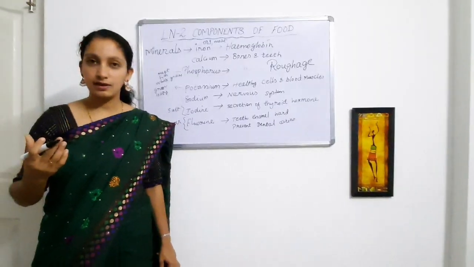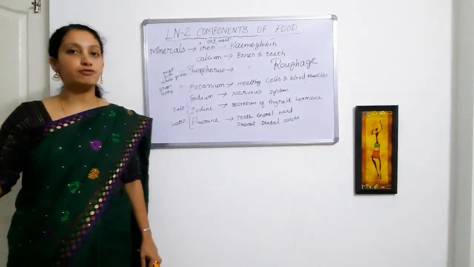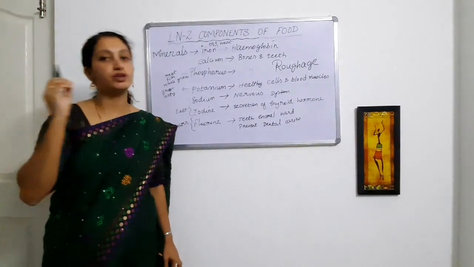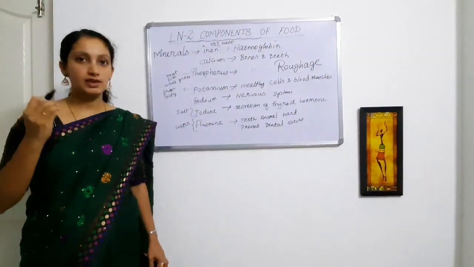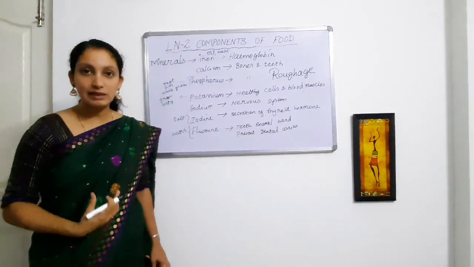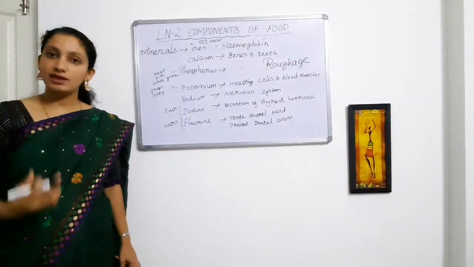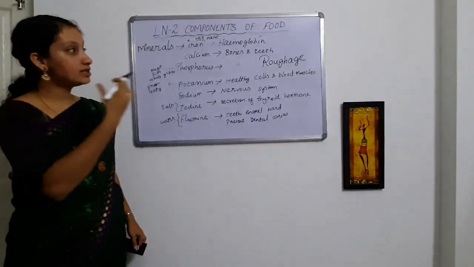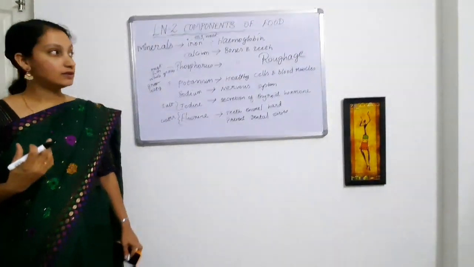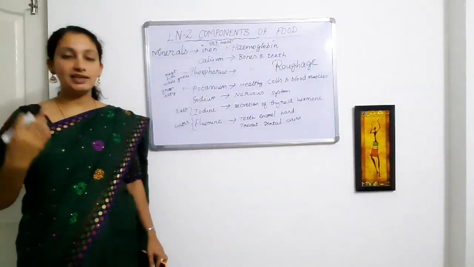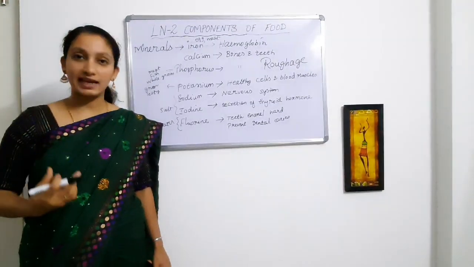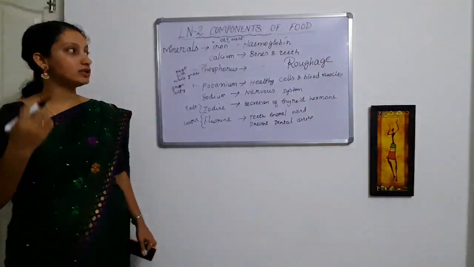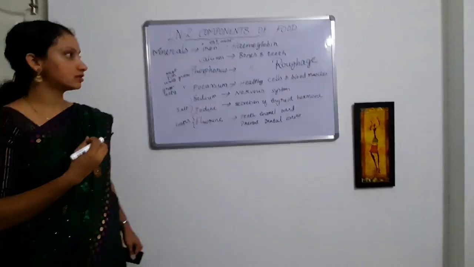Roughage is present in vegetables, fruits, etc. It adds bulk to the food you are eating, so that bowel movement will be very easy, and it prevents constipation. By having this roughage, we have much less risk of getting bowel cancer and heart related problems. So we should include roughage in our diet.